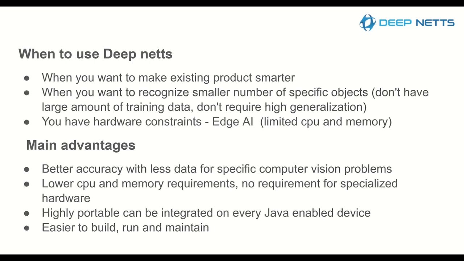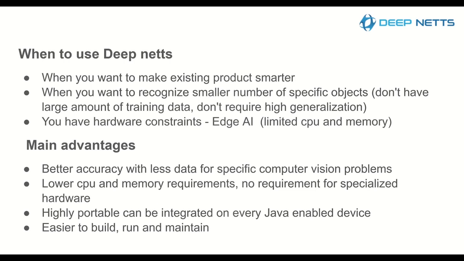It does not have dependencies on native libraries, and it is very friendly and easy to use. I think that is one of the most important features. It is much easier to use and understand by an average Java developer than any other framework out there. So I would say that you should consider using DeepNetts when you want to integrate deep learning into existing software products in order to make them smarter.